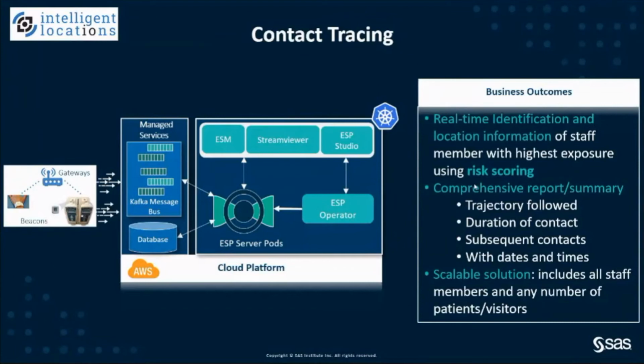It would give the information with dates and times, and this solution is scalable, and it is right now deployed in hospitals, so it includes all the staff members and all the patients visiting the hospital premises.